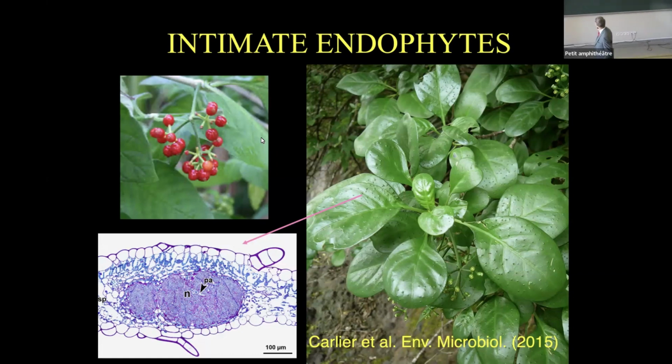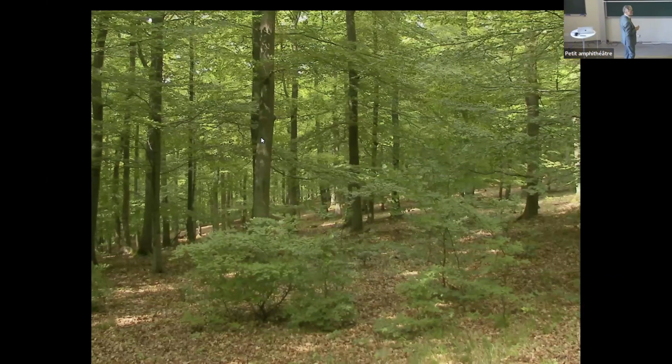But these bacteria are vertically transmitted. They colonize the meristem, and from there they colonize the seed. Okay, so the leaves are also colonized, and the role for nutrition is not so high, but there is a role for protection.